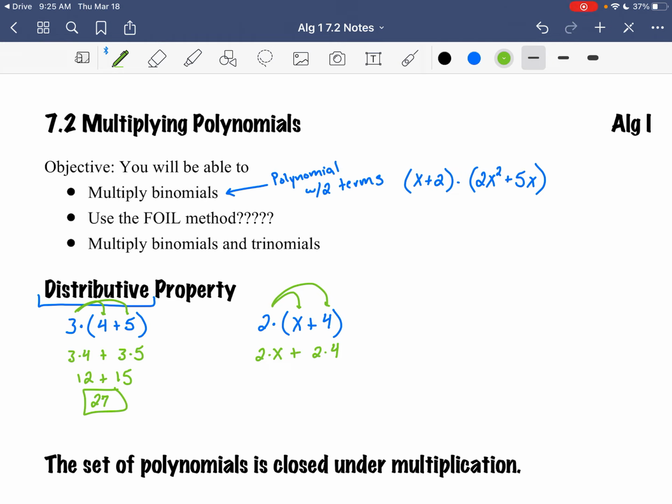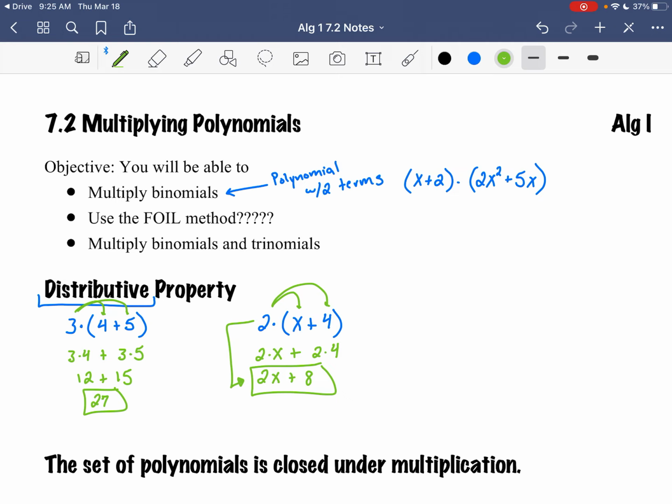So 2 times x is just 2x. 2 times 4 is 8. So this simplifies into 2x plus 8. It really eliminates those parentheses. So these two are what we call equivalent. They're really the same thing.